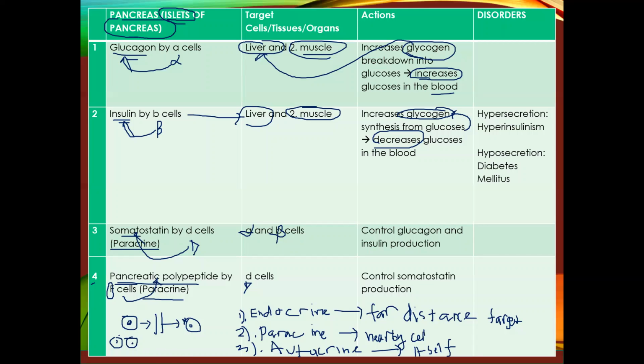Then the hormone is produced and the target will be here. Okay. Now, if it is autocrine, this is the cell that produces the hormone, and that cell will have a receptor for the hormone. So it produces the hormone and uses it by itself. Okay, so these are the three types of hormone based on the target cell: endocrine, paracrine, and autocrine.